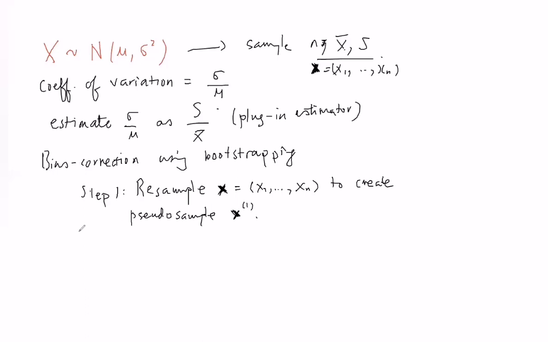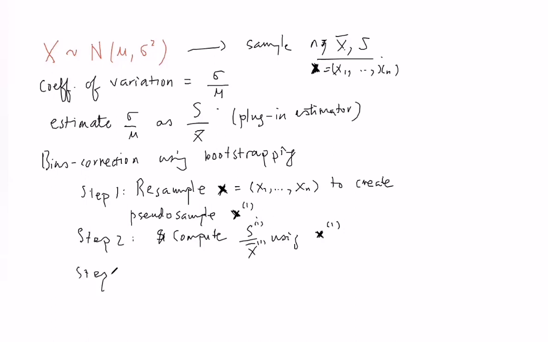Step 1, right? Step 2, you would actually compute S over X bar using the pseudo sample. So I would denote this by 1, okay?